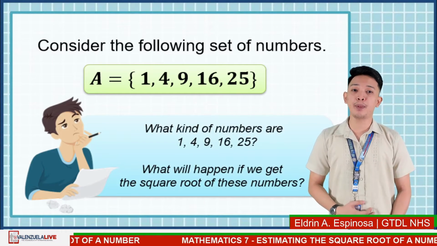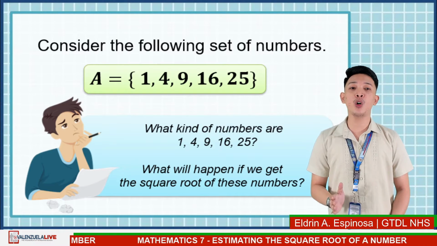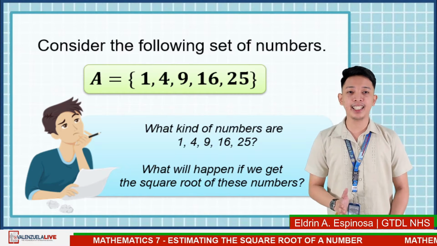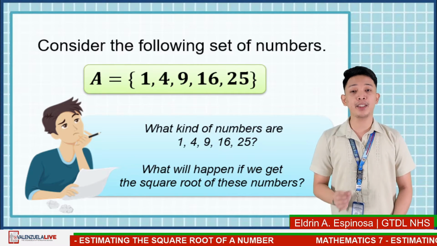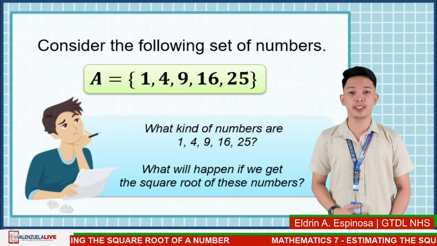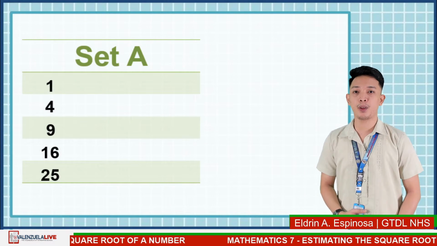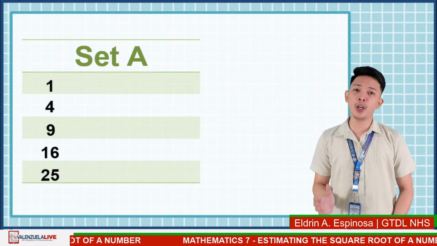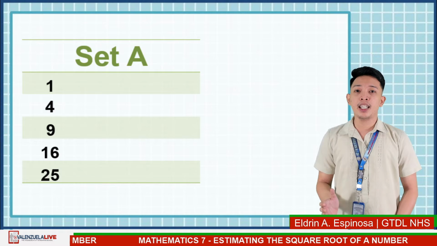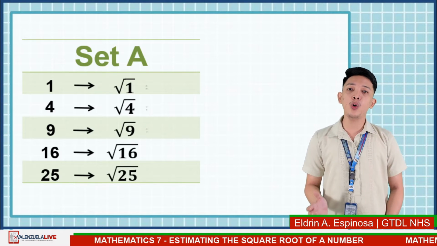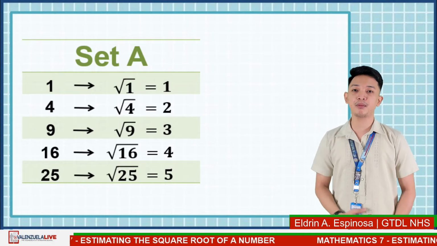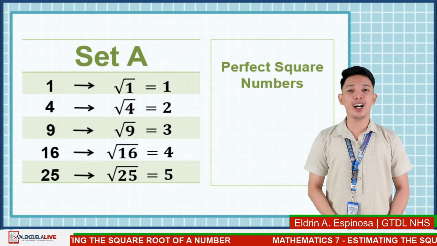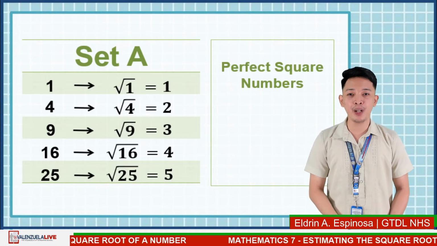What kind of numbers are 1, 4, 9, 16, and 25? What will happen if we get the square root of these numbers? If we take the square root of these numbers, the answer will become whole numbers or positive integers. All right, they are perfect square numbers.